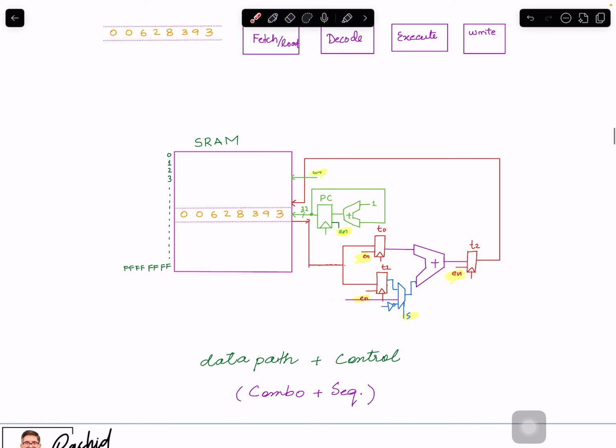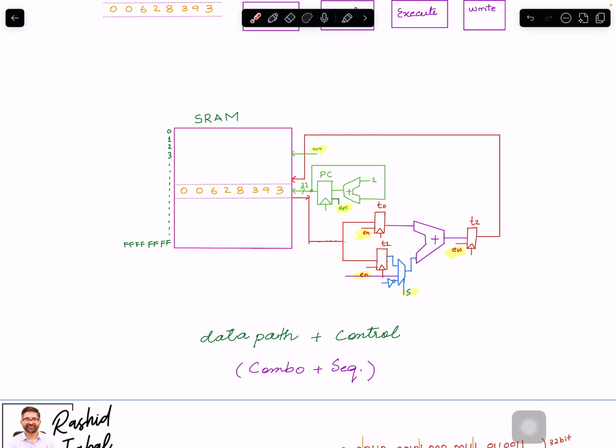I mentioned that when we create hardware for it, we will have some of these things already connected. We know how data is going to pass, but we will have a lot of cases: write enables, muxes, because we have to select between different things. These enables and select lines for the registers depend on which instruction it is.